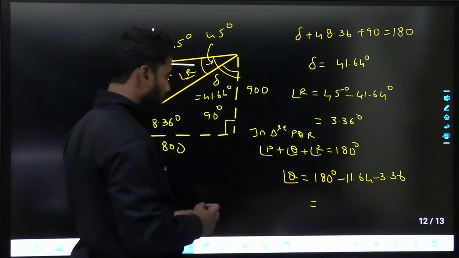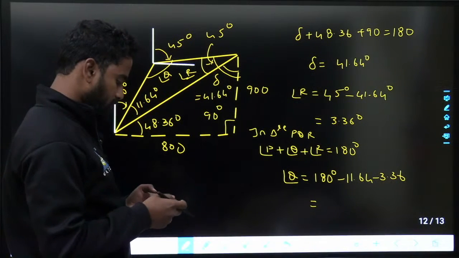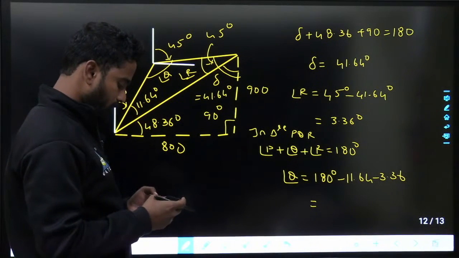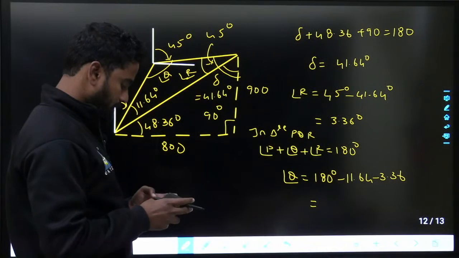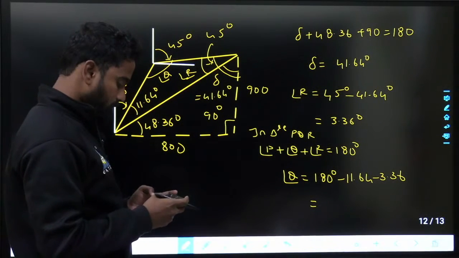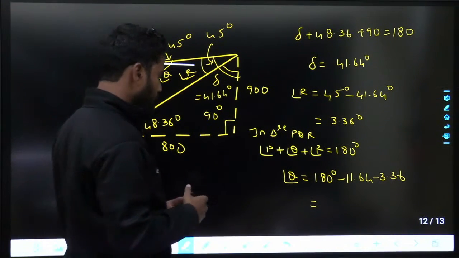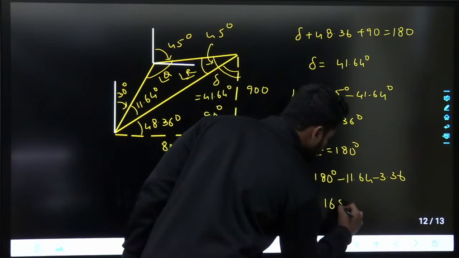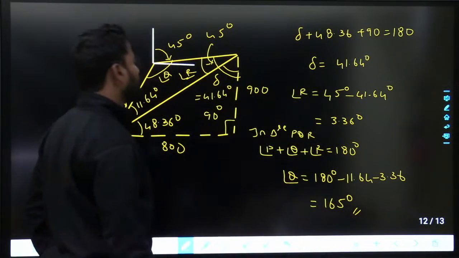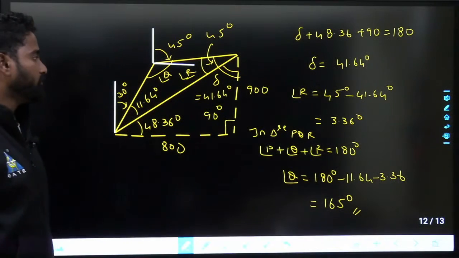So this is equal to 165 degrees. Angle Q is equal to 165 degrees.